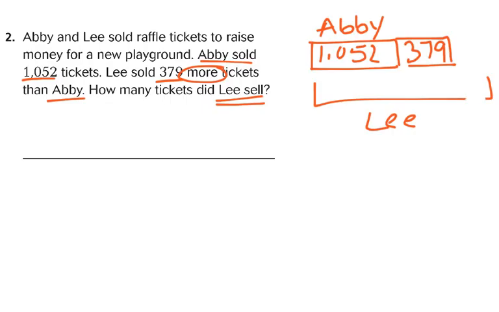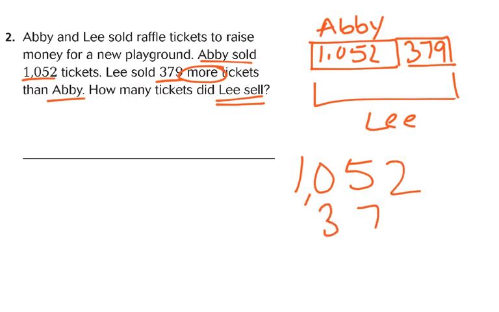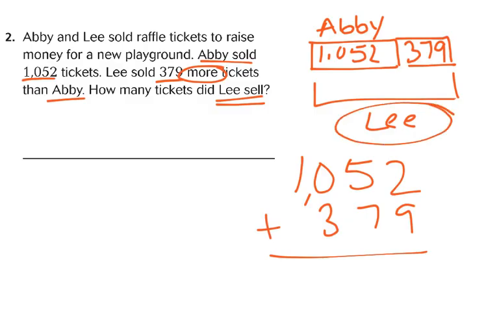In order to figure out how many tickets Lee sold, we need to add. So we have 1,052 plus 379, because I need to figure out how many he sold in all. I'm going to add these two together.